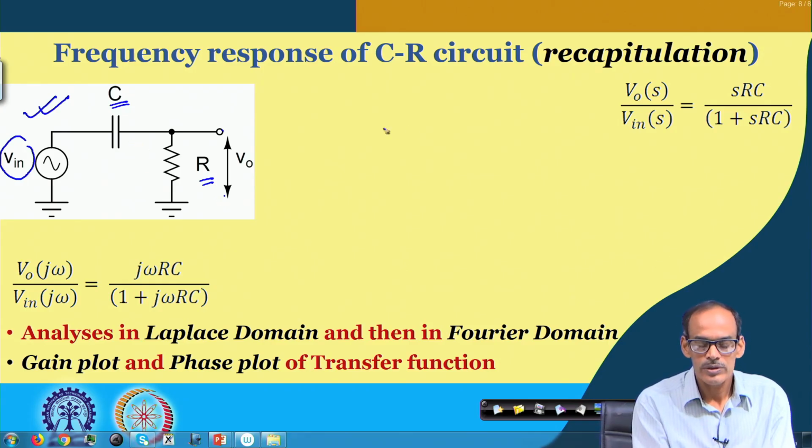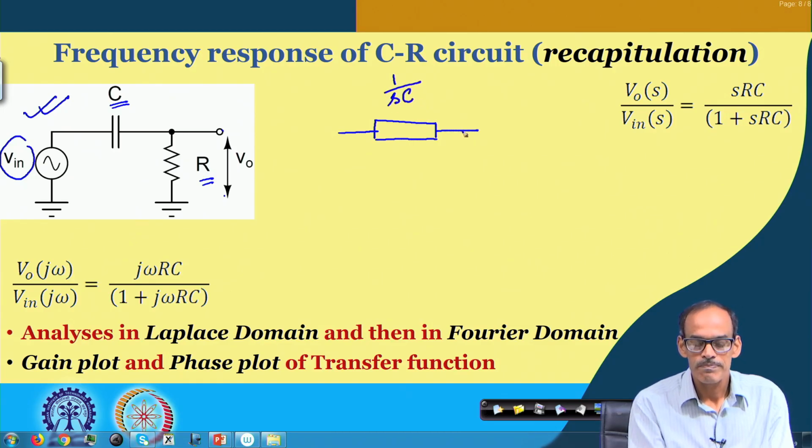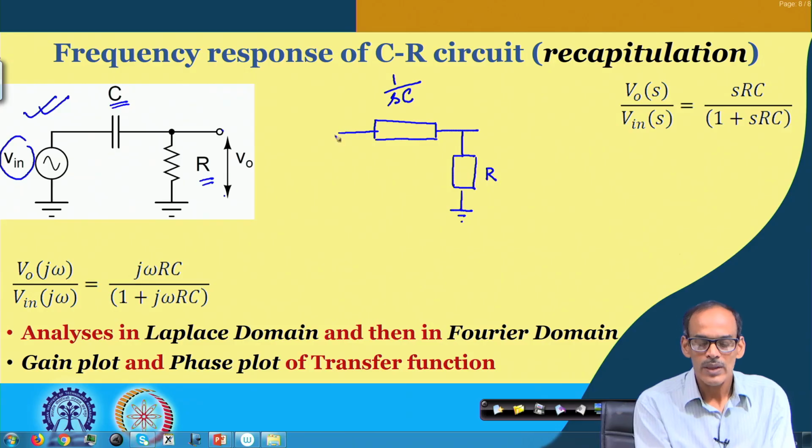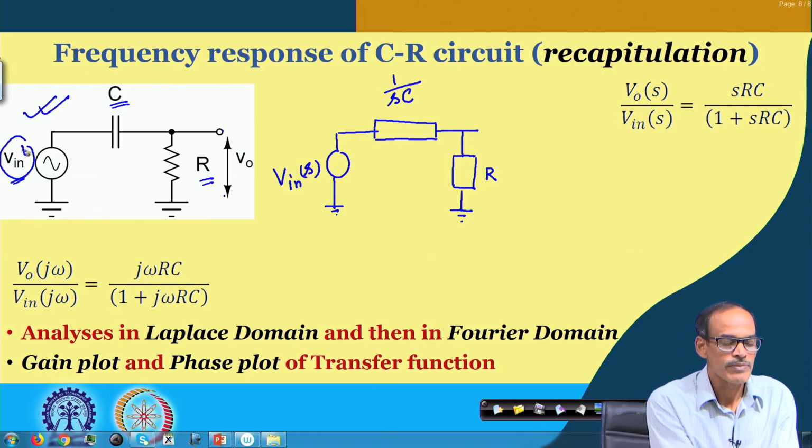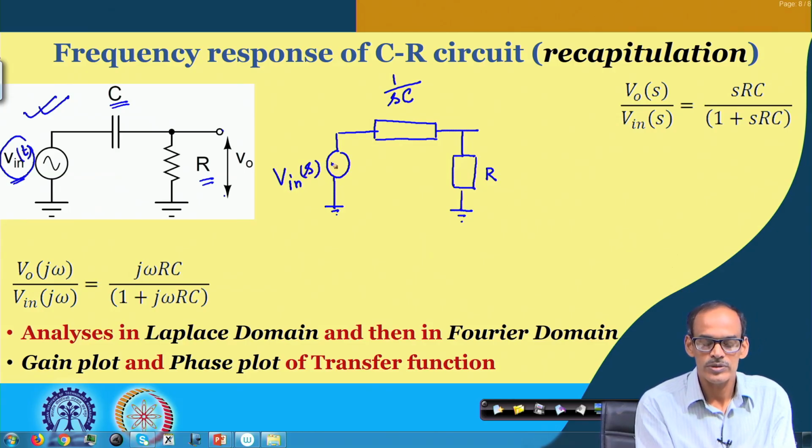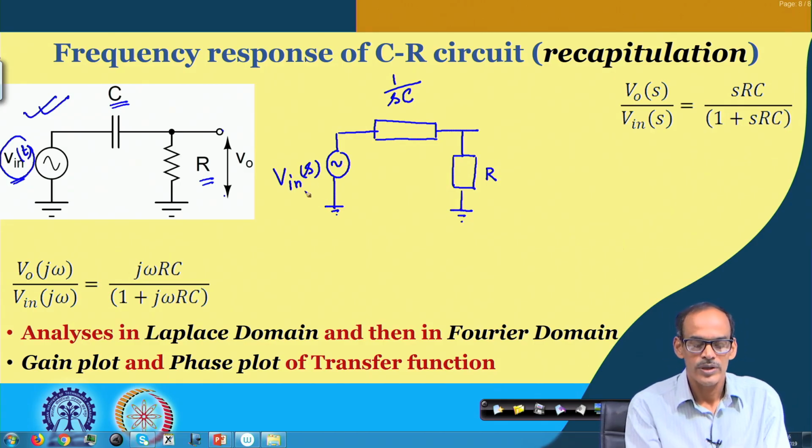Namely, let us draw the equivalent circuit in the Laplace domain, where the impedance of the C part is 1/(sC), and for the resistor, it is the same as R. At the input we are feeding a signal which is v_in(t) in time domain, whereas in the Laplace domain we call it capital V_in(s).